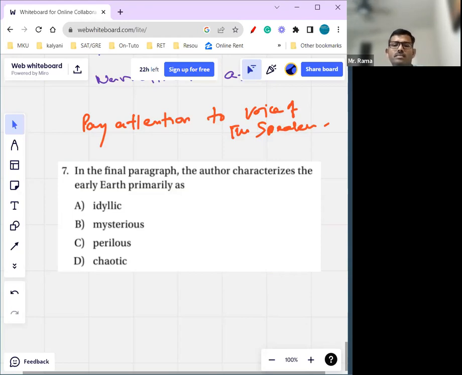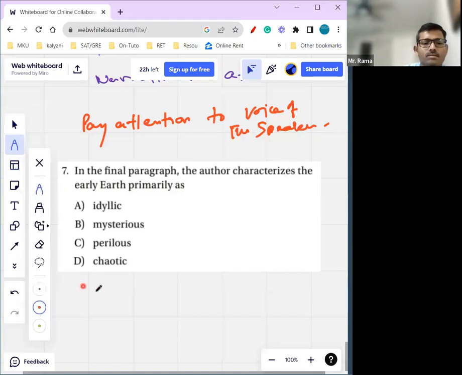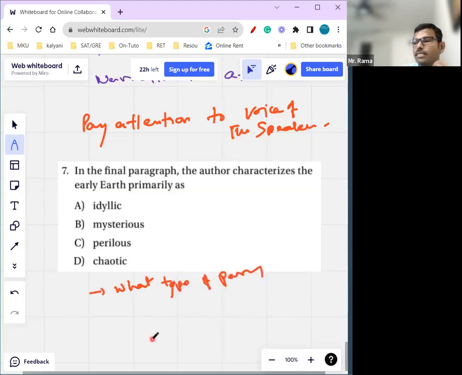So in that case, first of all, what type of passage is that? And then what you're going to do, you're going to look at the overall purpose. Check on it.